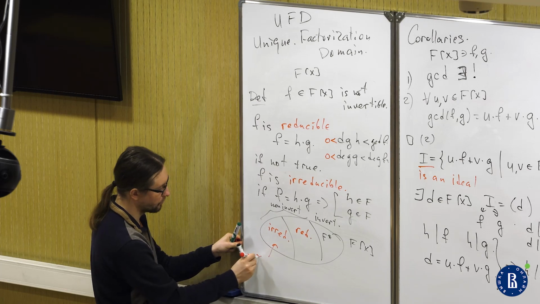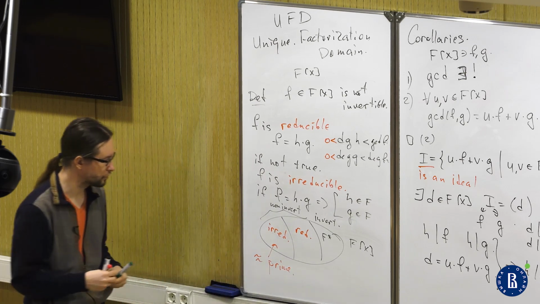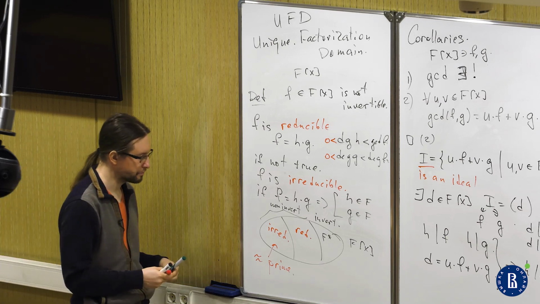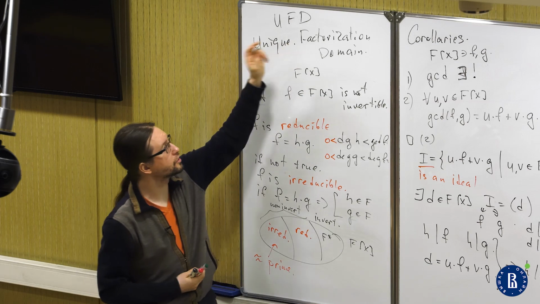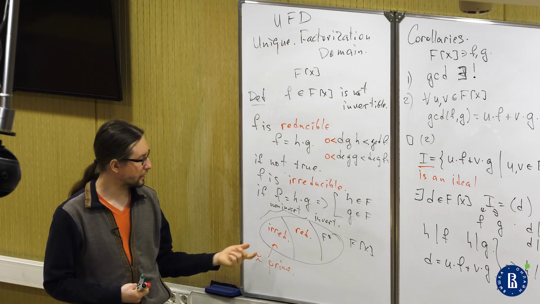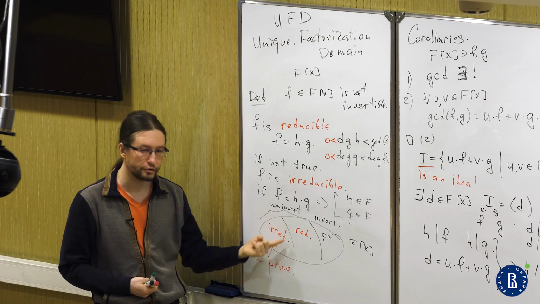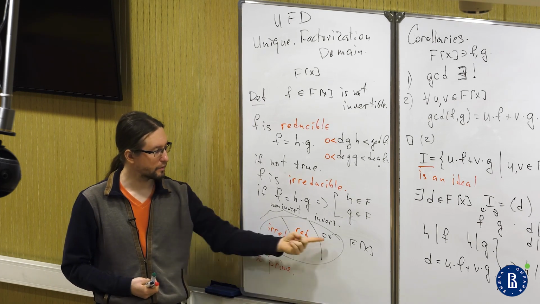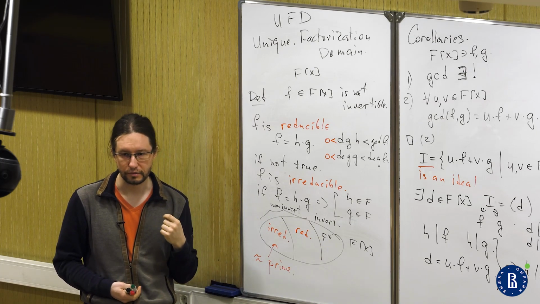And this is somehow the analogy of prime numbers. Now, the unique factorization property means that if you take a non-zero polynomial, it can be represented uniquely as a product of irreducible polynomials and some invertible polynomial, which is a non-zero constant.